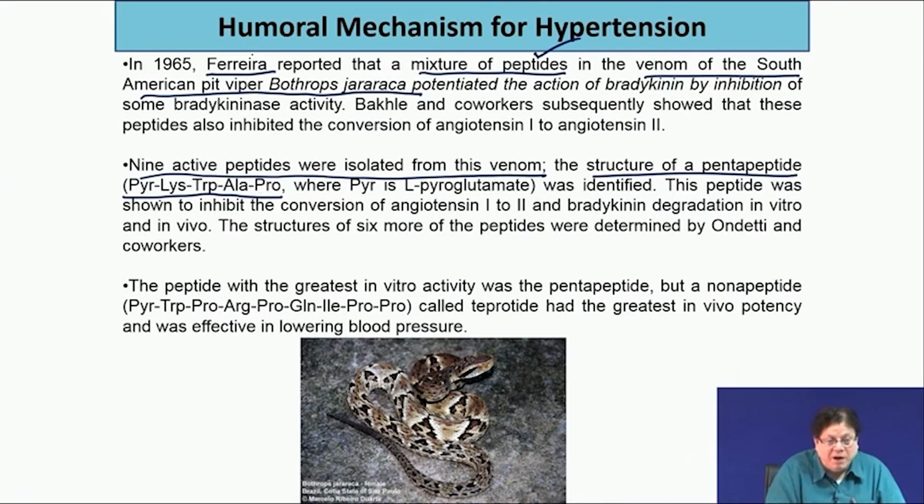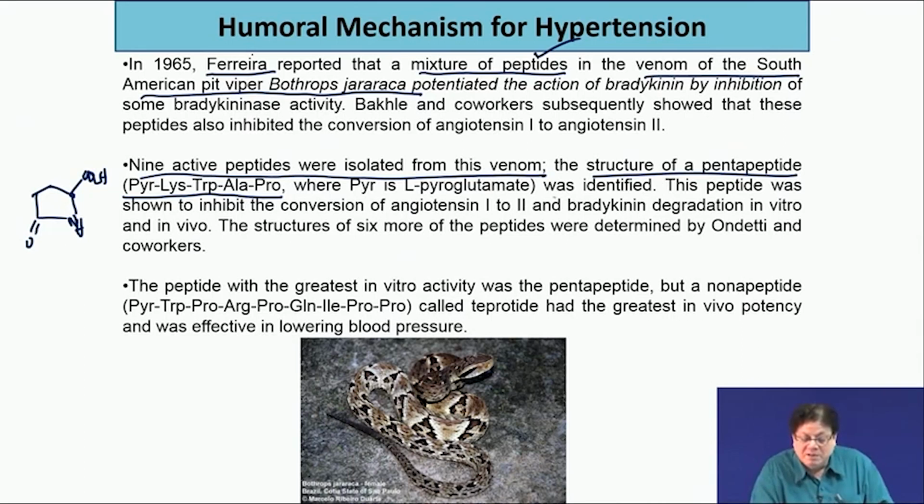PYR is what is called pyroglutamic acid, which is a cyclic glutamic acid. So, pyroglutamic acid, lysine, tryptophan, alanine, proline, this pentapeptide was identified.